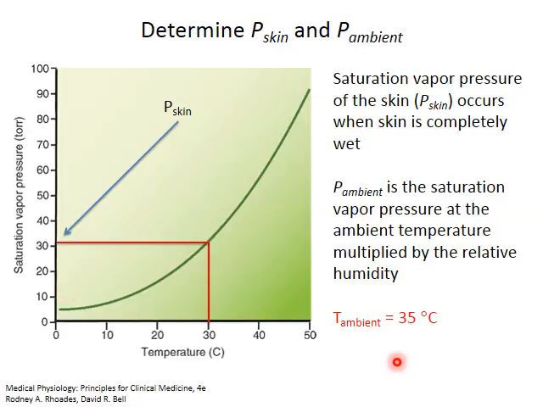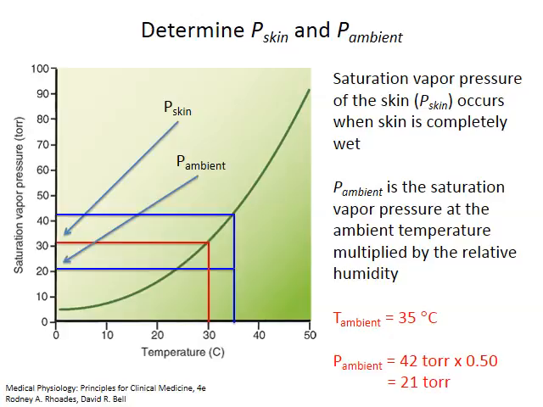To determine P ambient, or the vapor pressure of the ambient environment, we need to multiply the saturation vapor pressure at the temperature of the ambient environment by the relative humidity. The temperature of the ambient environment is 35 degrees Celsius in this case. We can go up from the curve to determine the saturation vapor pressure, which is 42 torr.